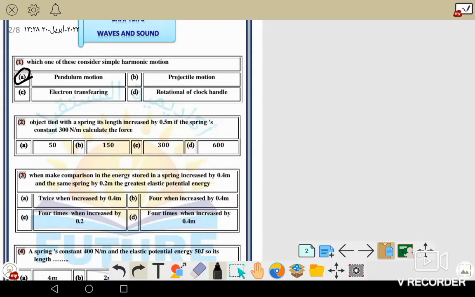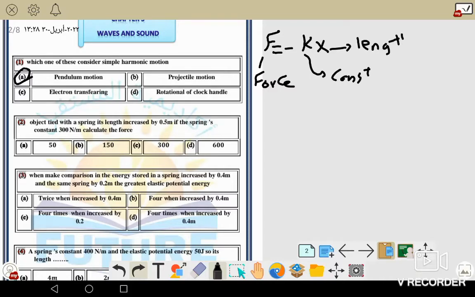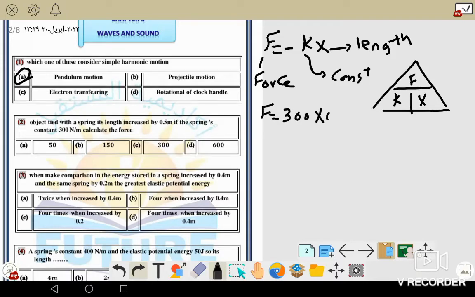This question obeys Hooke's law. Hooke's law: F, force, equals minus K times X. F refers to the force, K the constant, and X the length, or as a triangle, here F, here K, here X. In the question, you want to determine F. Multiplying 300 times half equals 150 Newton.